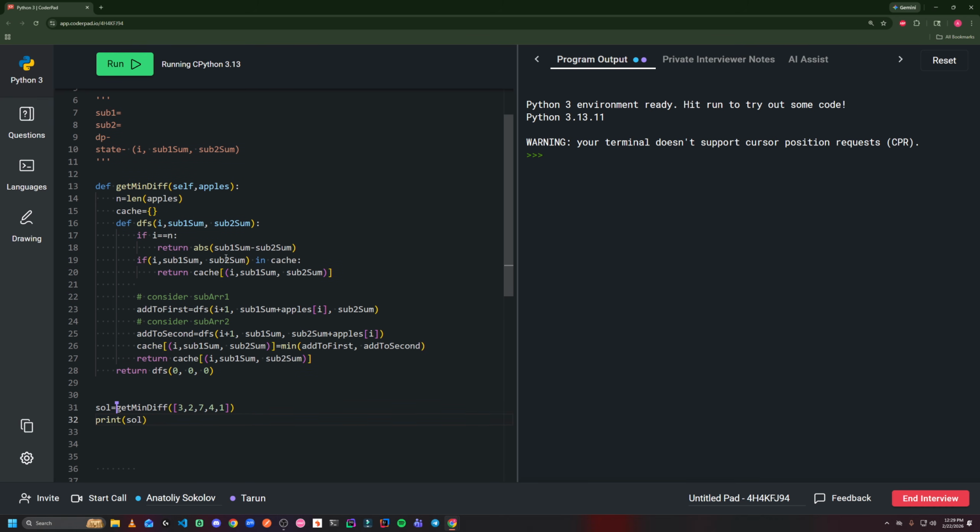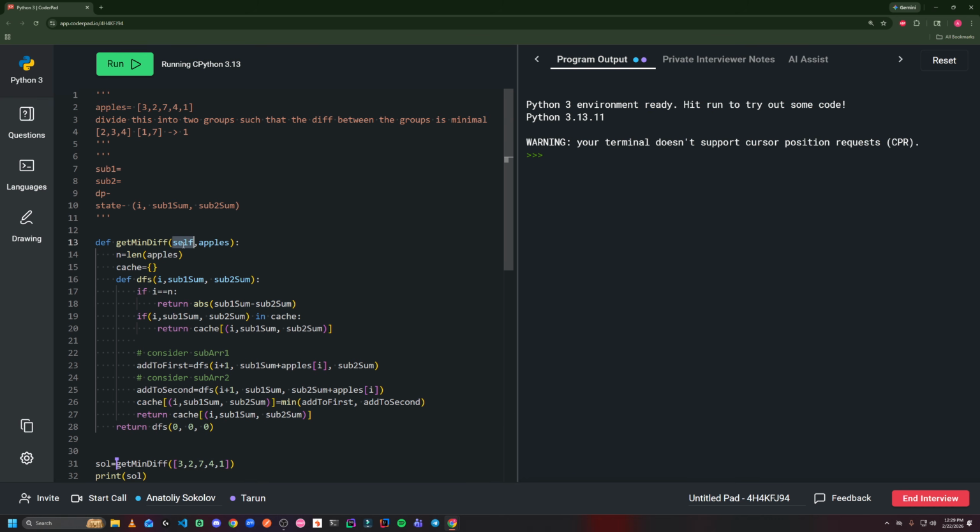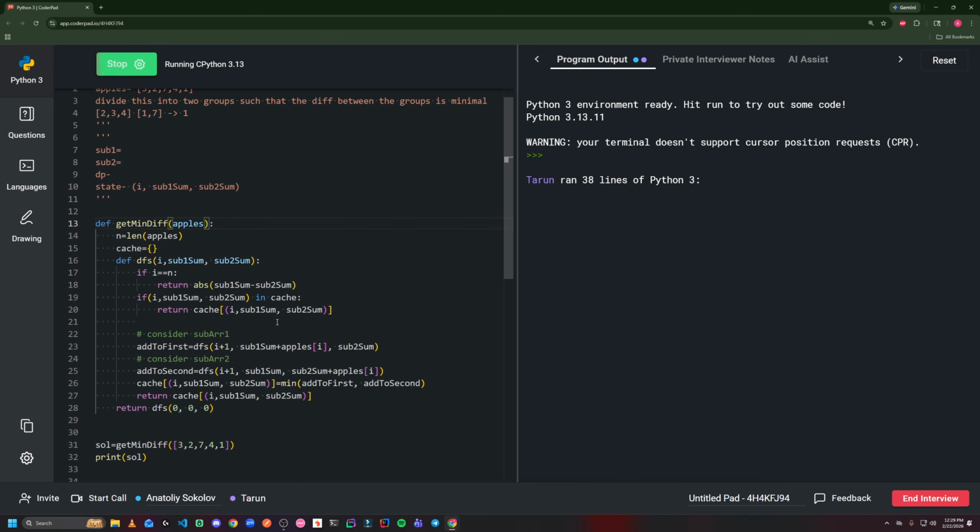You can just hit run whenever you have it. Why did you have a self here, by the way? Sorry, initially I thought I was going to store the subarrays, so I just added that. Okay, got it.